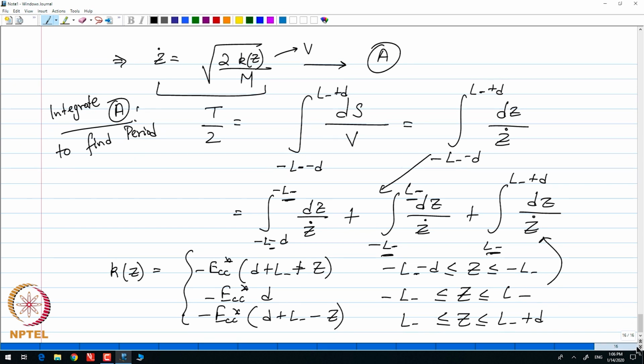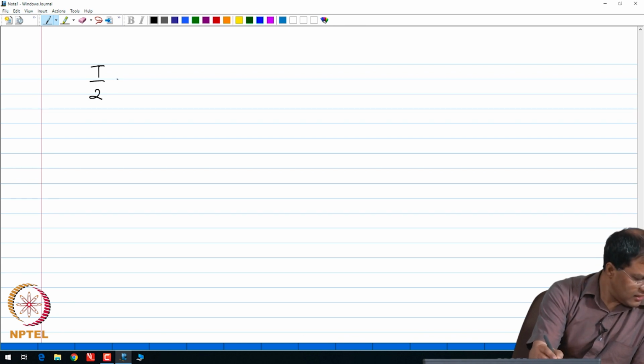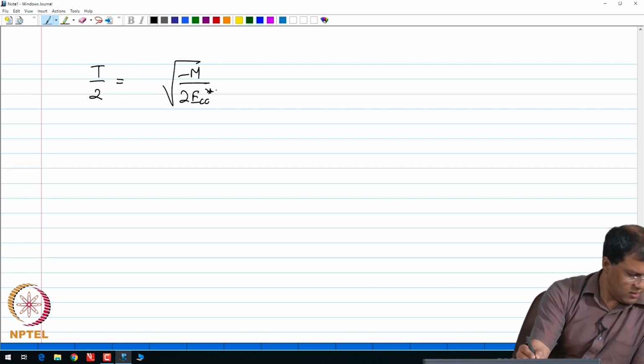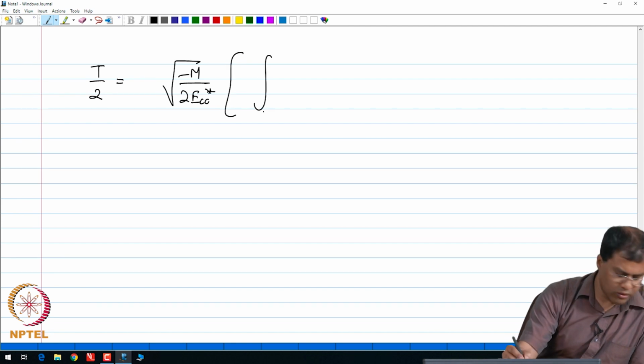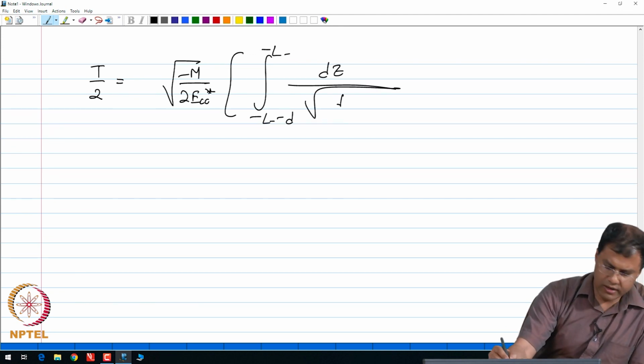After integration I get the following: half the time period is going to come out to be negative m by 2 E c c star times, in the first region, the integral from minus L minus minus d to minus L minus of dz divided by square root of d plus L minus plus z.